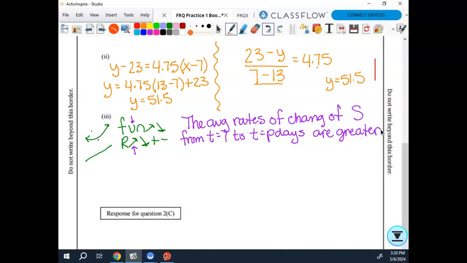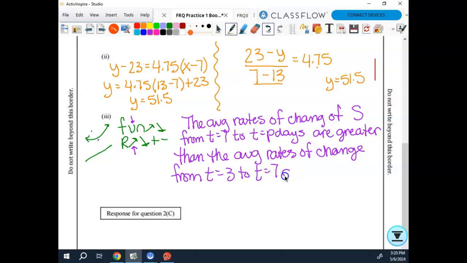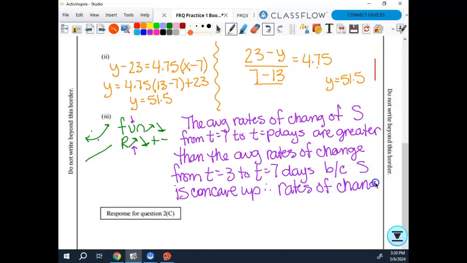Greater than the average rates of change from t equals 3 to t equals 7 days, because S is concave up, therefore rates of change of S are increasing.